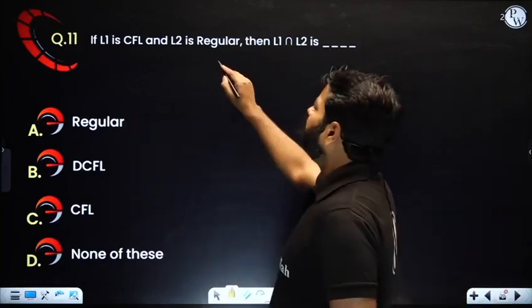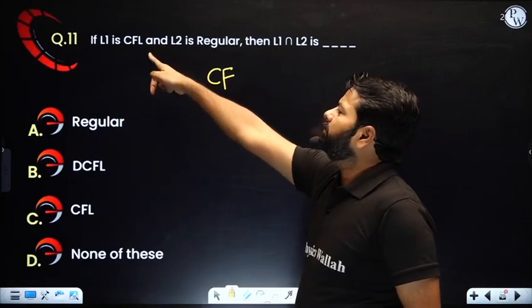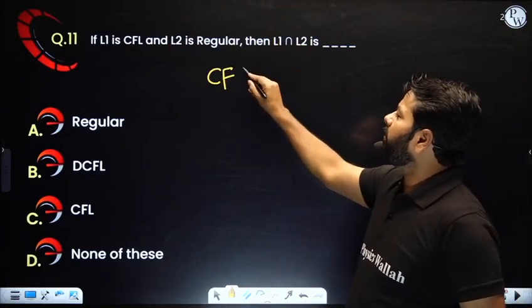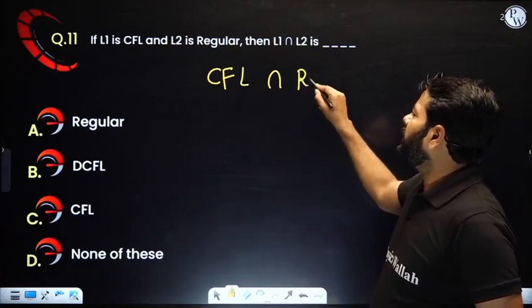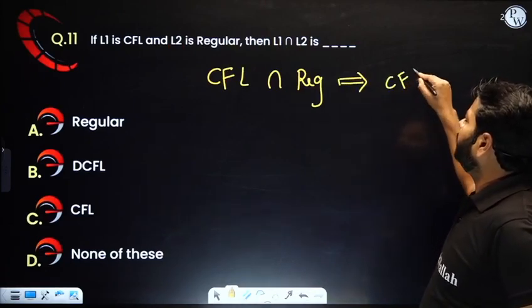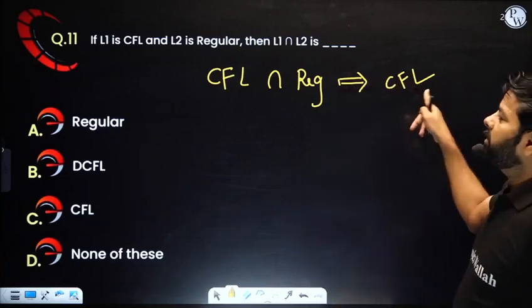Next, what about CFL intersection regular? L1 is CFL, L2 is regular. If L1 is CFL and L2 is regular, what is the intersection? It's again always CFL, but it may or may not be regular, may or may not be DCFL, but always CFL.